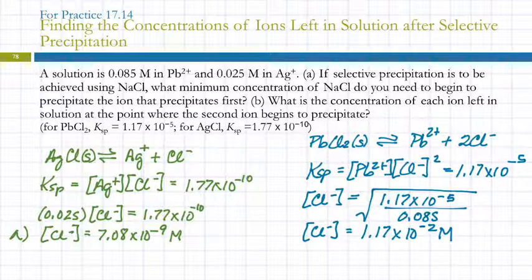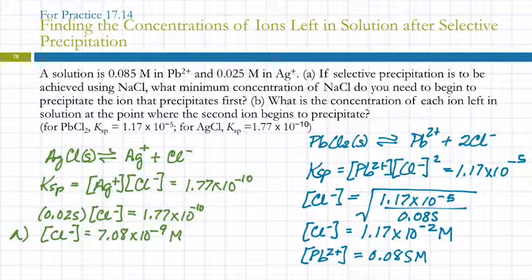So at that point, what is the lead concentration? Not meant to be a trick question, but it kind of is a trick question. It's 0.085, right? Nothing's really happened yet. So the lead is just going to start precipitating, so it's still 0.085 molar.